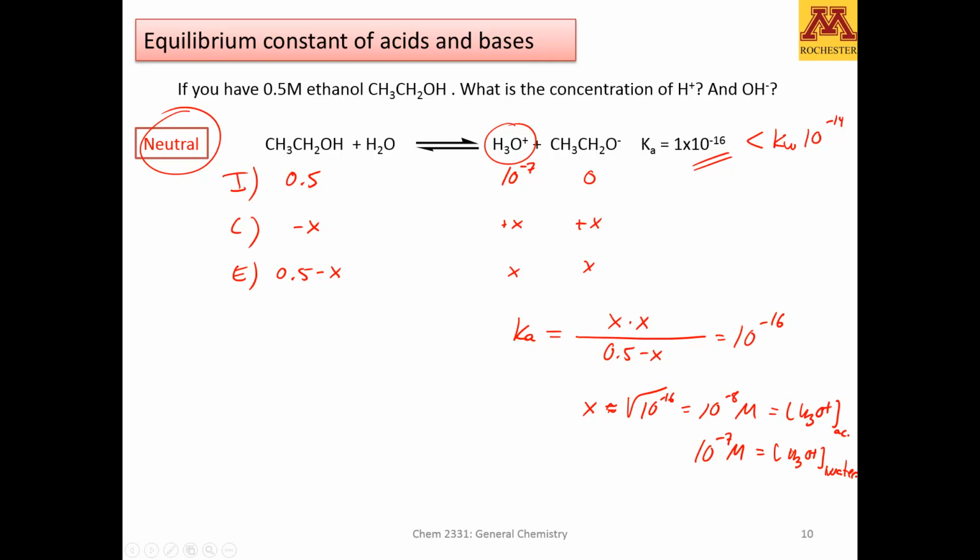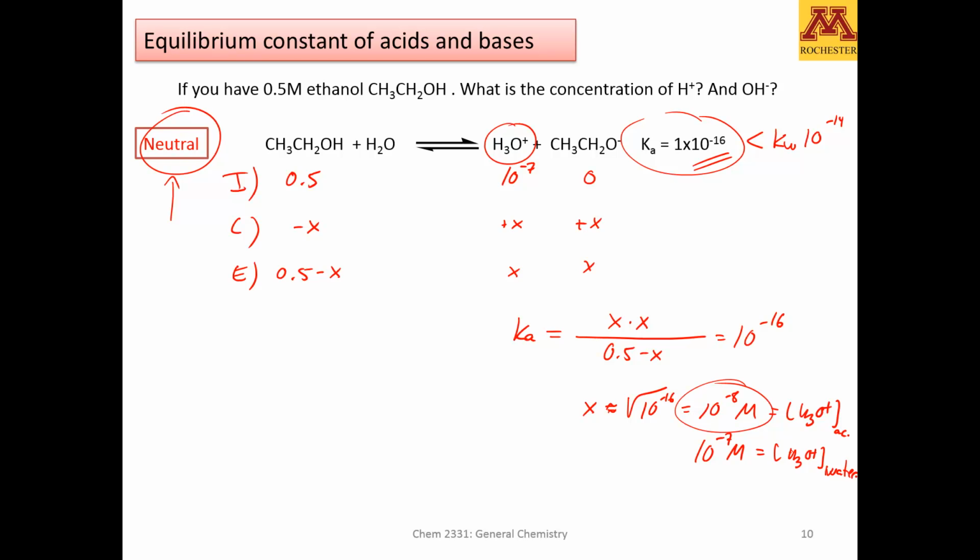In other words, the amount of hydronium ions that a weak acid with this small equilibrium constant contributes to water is even smaller than water itself. So this means that we can consider this a neutral compound, because it does not quantitatively change the concentration of hydronium ions.